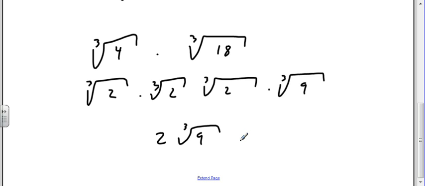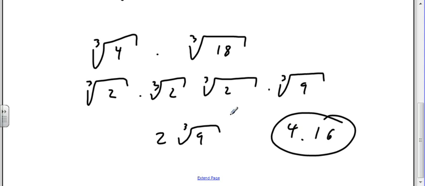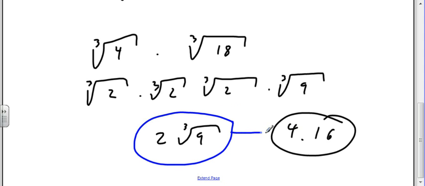So third, second function root, of 4, times the other times key, third root of 18. Boom, and that gives me a number, 4.16. So that didn't keep it in root form, but there's nothing wrong with 4.16. That'd be perfectly okay for an answer too.